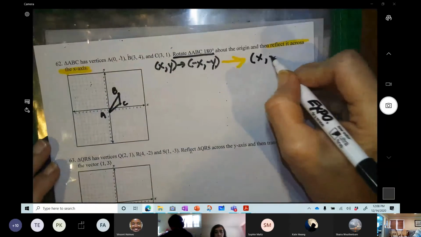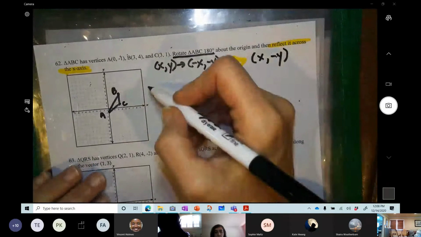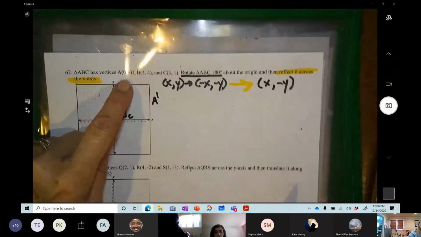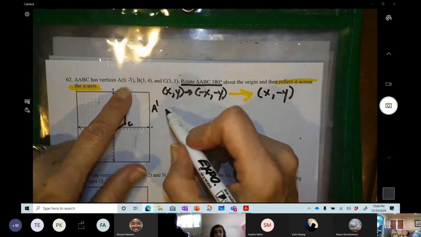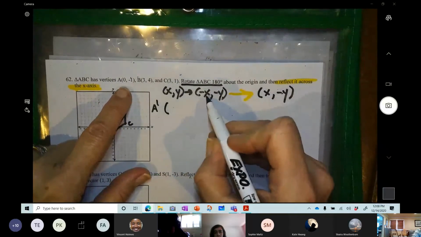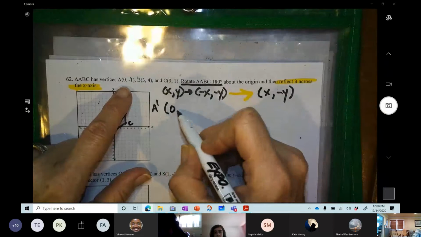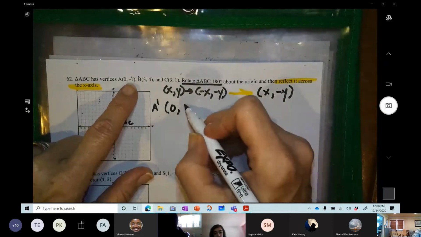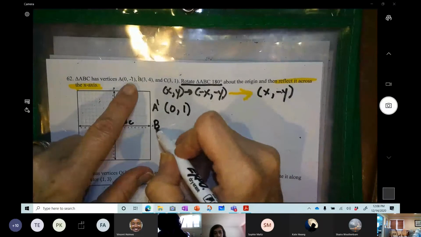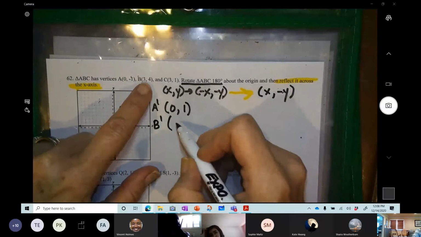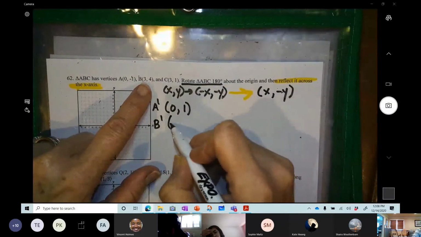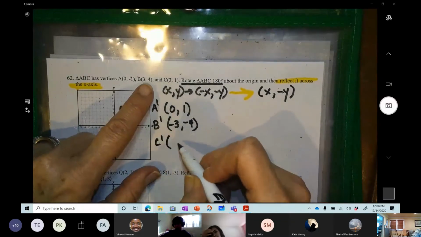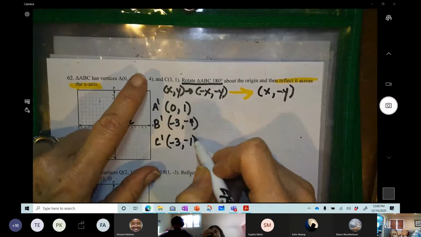So my X will stay the same and my Y will change. So for A prime, I'm starting with 0, negative 1. The 0 stays 0, and the negative 1 changes to a positive 1. B is 3, 4, so it turns into negative 3, negative 4. And then C prime will be negative 3, negative 1.